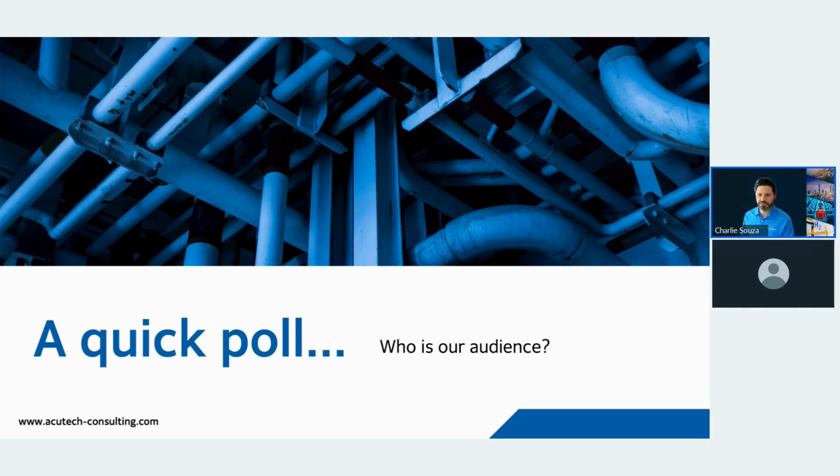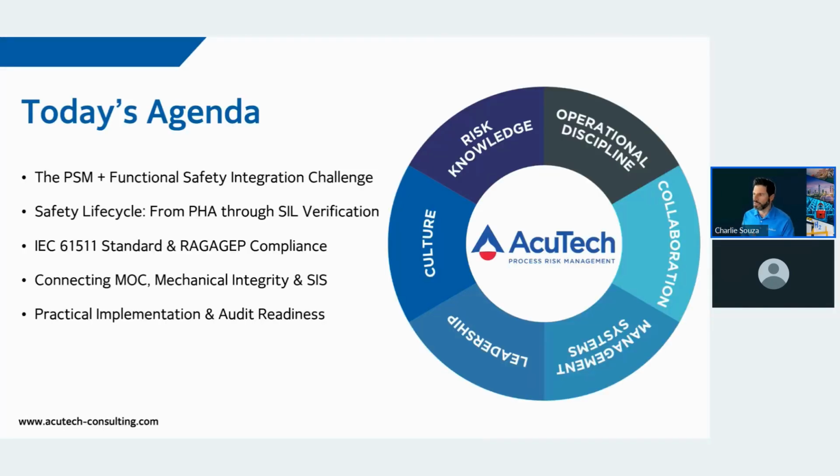Okay, good deal. So I don't see it on my screen here, but if I remember the numbers correctly, PSM is our majority. Correct. Yes, 43% and an additional 14% that are both PSM and functional safety. All right, perfect. That's the type of audience we were striving for.